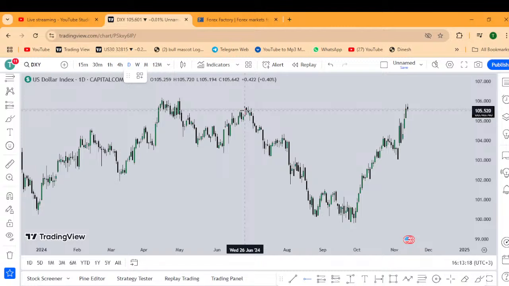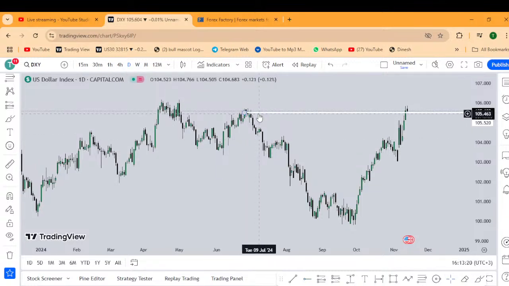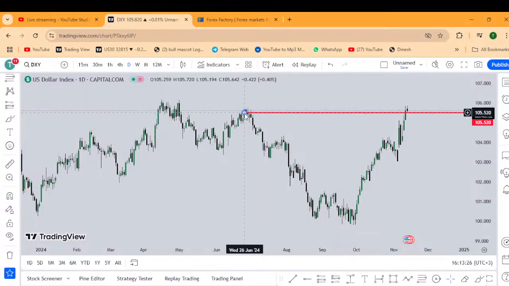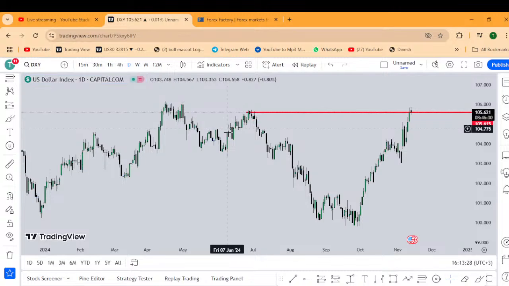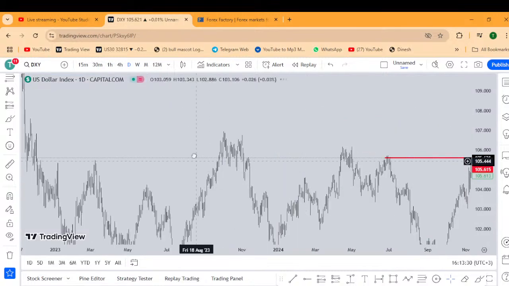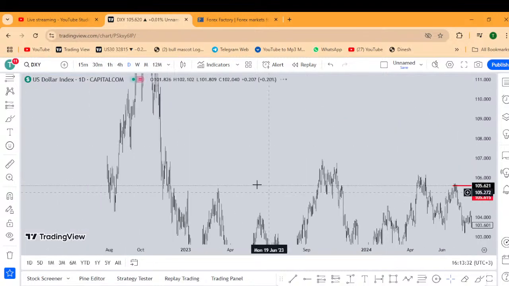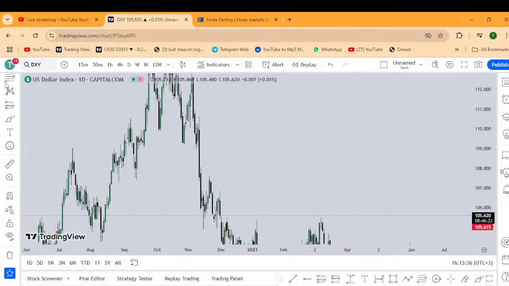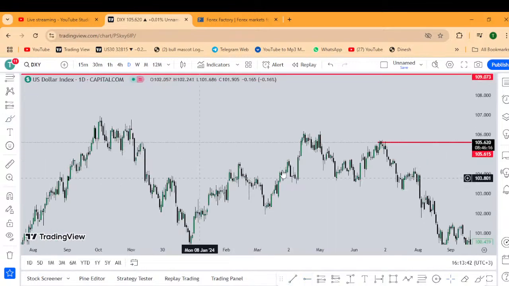We are seeing that it has tried to break through this area, and it is targeting this area here. This is what the DXY is targeting on a daily time frame.